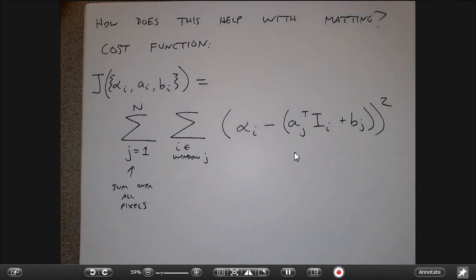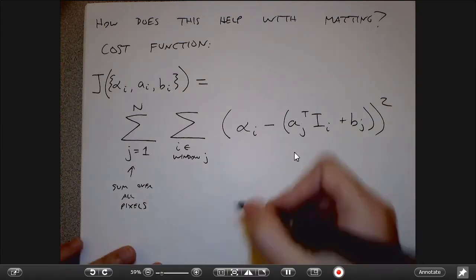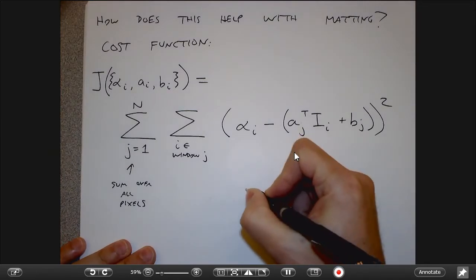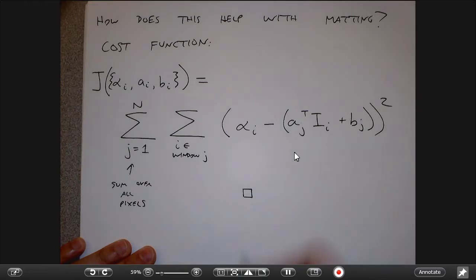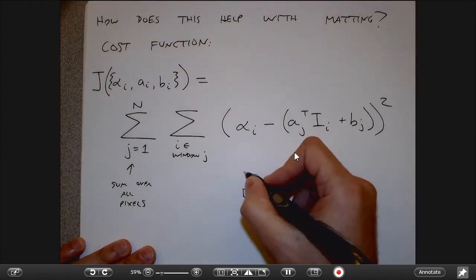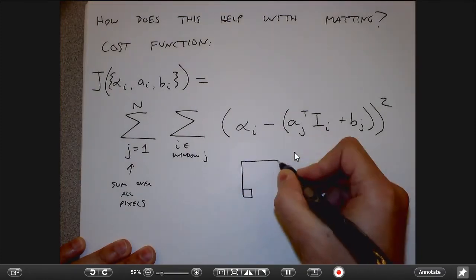But let me just back up to what I started at the beginning of the lecture: why is this any better than a Bayesian matting approach? Well, one reason is that there are tight constraints between the things that have to happen at different pixels. A pixel in the image could be part of a bunch of different windows.